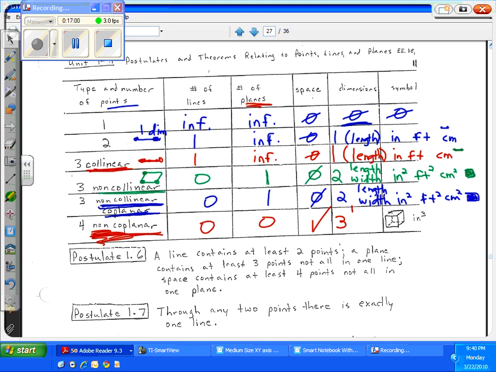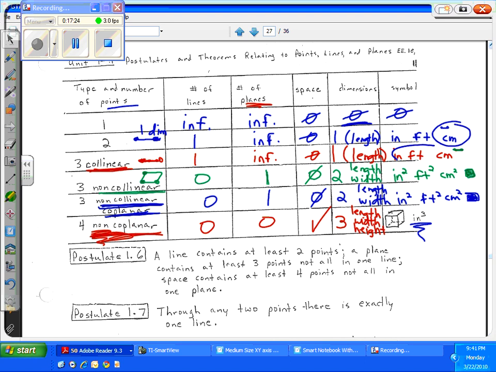But we have determined space, which is three dimensions, and the dimensions are length, width, and height. And we measure three dimensions in cubic units.